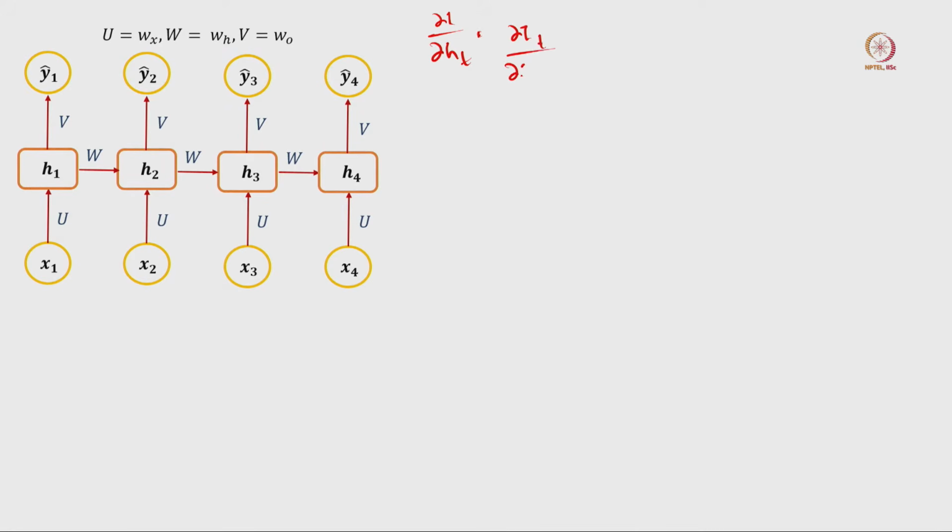This is important because now we need to understand vanishing gradient and exploding gradient with respect to RNN. So, what is this? This is backpropagation through time.